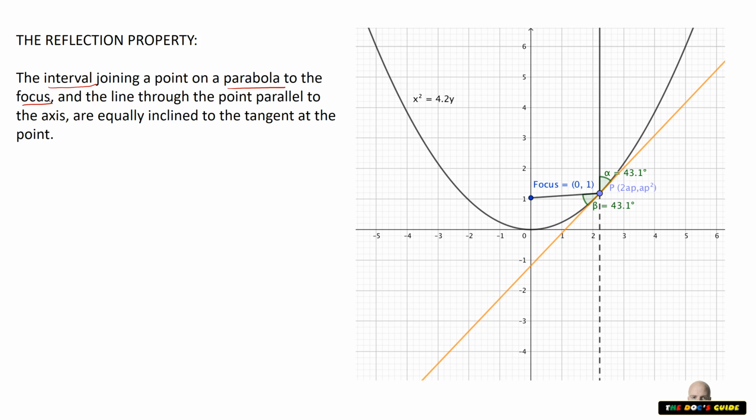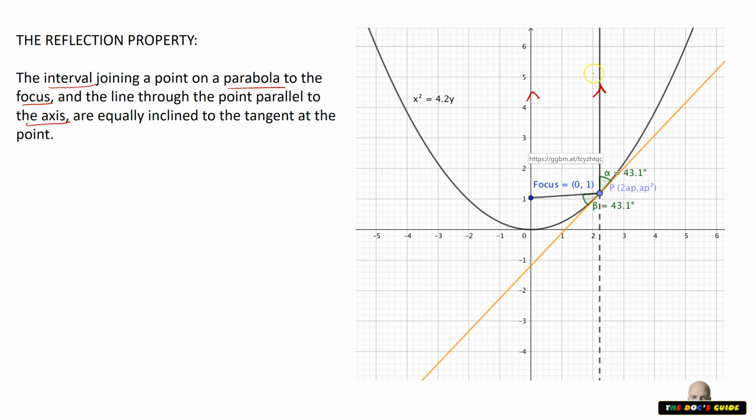So here's a line joining a point on the parabola to the focus, this line here, and the line through the point parallel to the axis, so that's this line here.